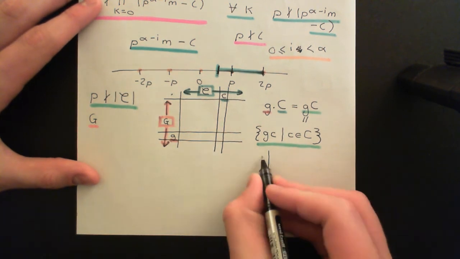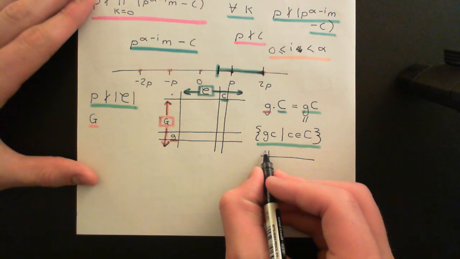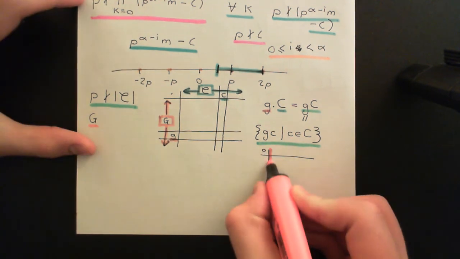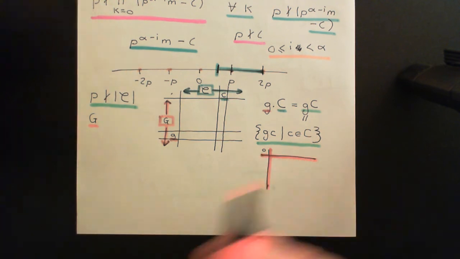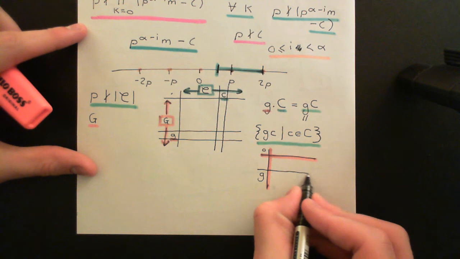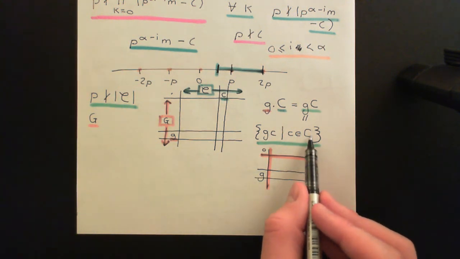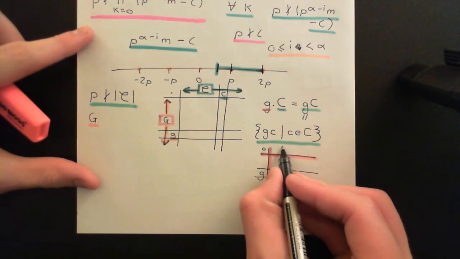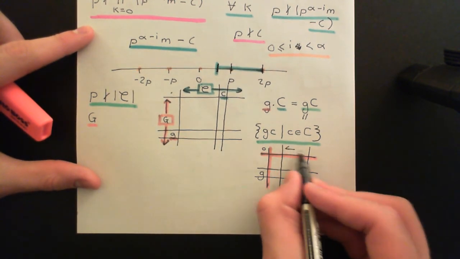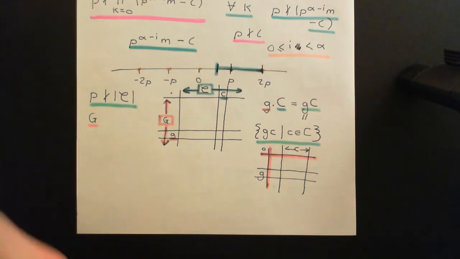If you think about it, if this is the group composition table, rather than the group action composition table, and this is the row in the group composition table corresponding to little g, what you're doing is going through the elements of this subset capital C, and let's say all of the columns in this portion are elements of the subset capital C here.